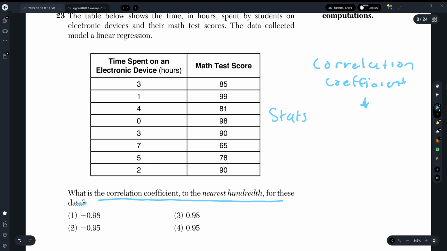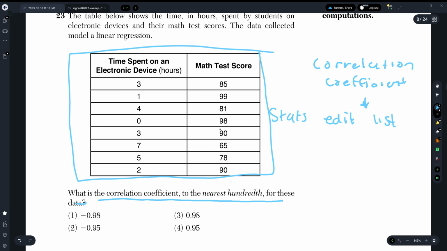You go into stats, then you go into edit. List, you would input all of these data points as one big list, right? So in one column you'd have 3, 1, 4, 0, whatever, all of this. In another column you'd have math test scores 85, 89.